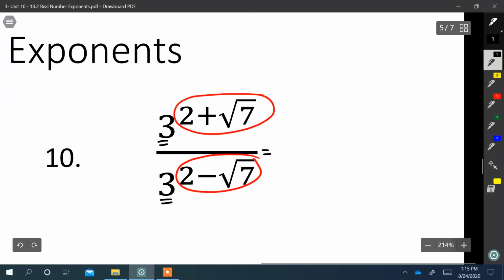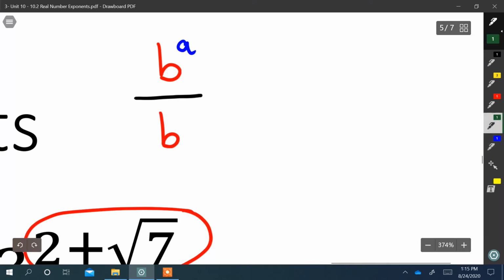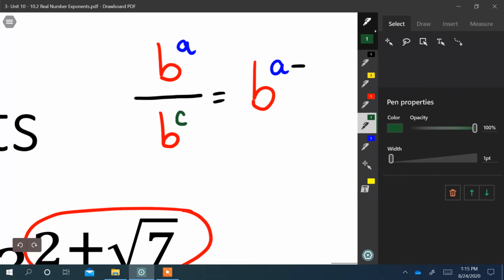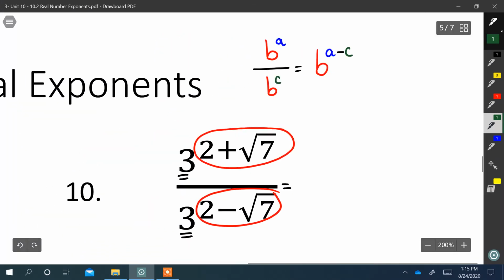There is a rule: if you have division and the same base, and let's just say that this is A and this is C, then B to the A divided by B to the C is equal to B to the A minus C. Okay, so that is the same rule that we are applying in here.